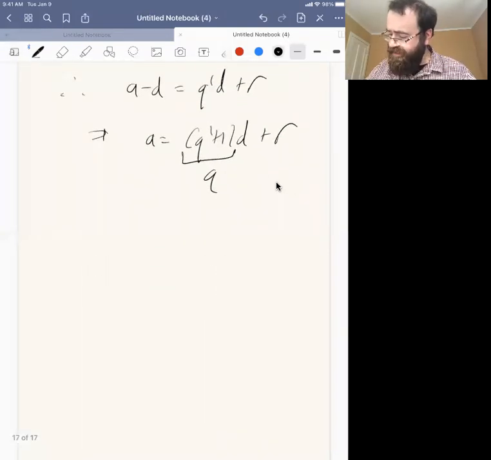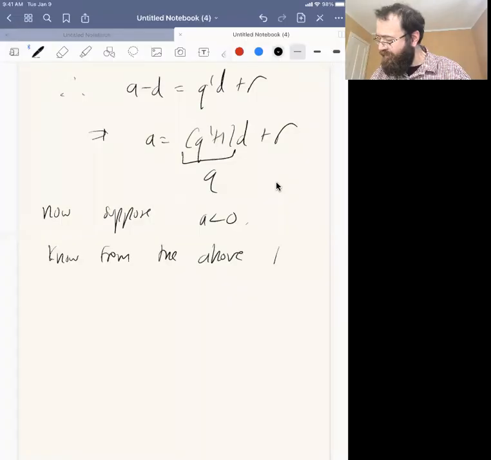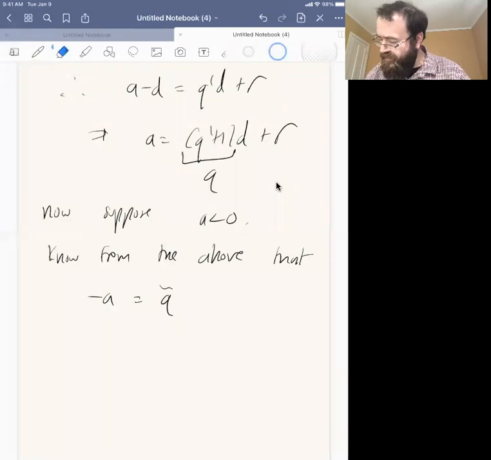So now suppose A is less than 0. Okay. So by the previous part, we can do the thing for minus A, right? So we know from the above, the previous part of the proof, that I can do division for minus A. So that minus A, which is now a positive number, is equal to Q tilde D plus R, for now, Q tilde some integer.